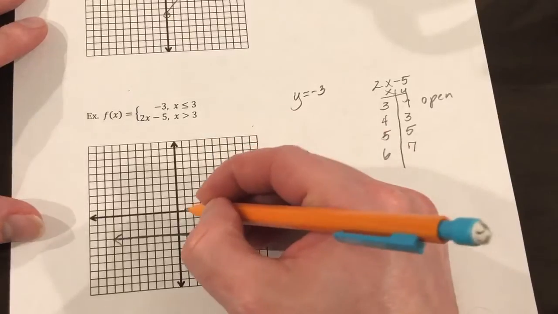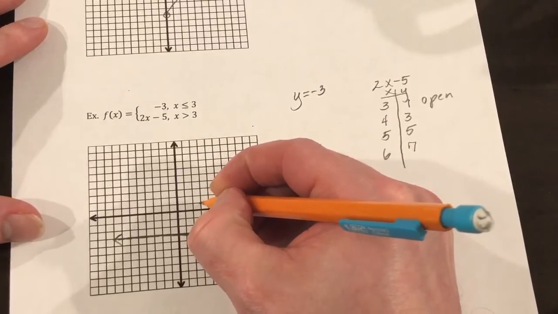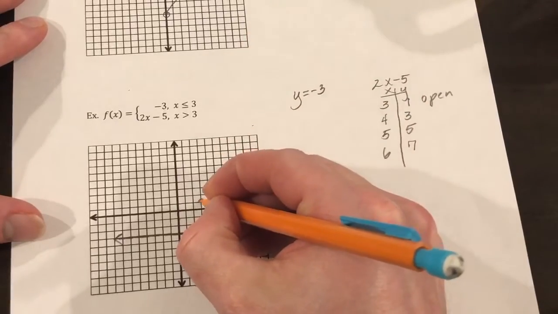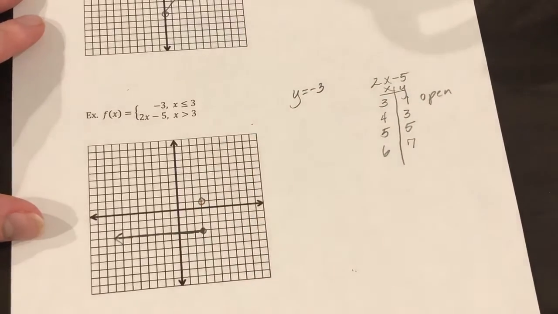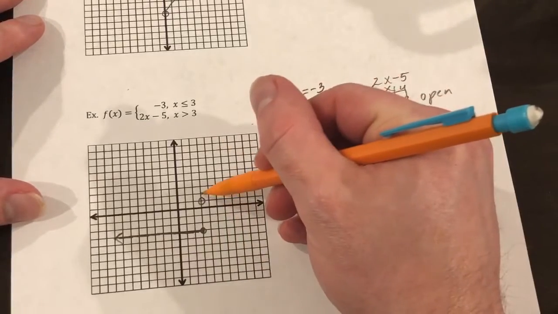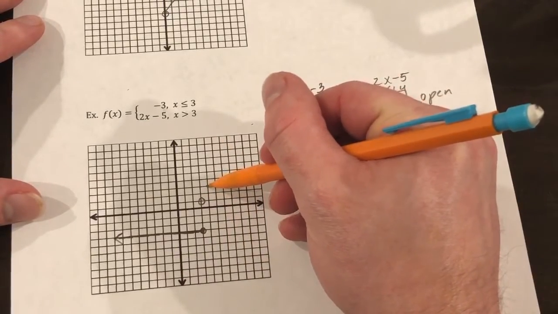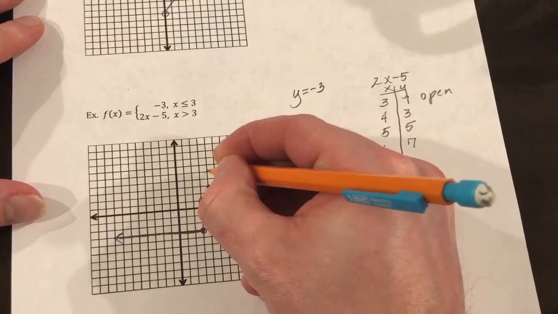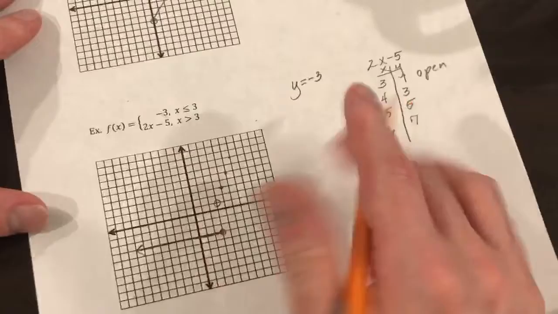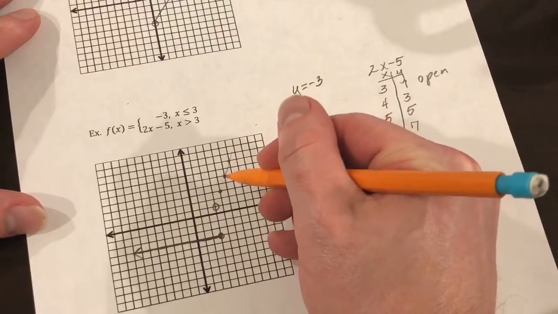So the point 3, 1 is right there, an open circle. 4, 3 right here. So it looks something like that.